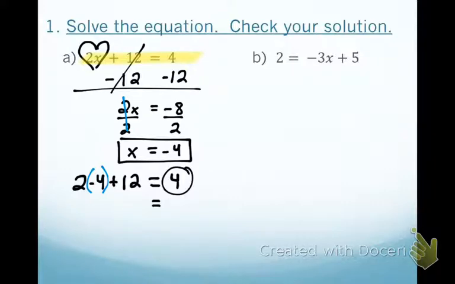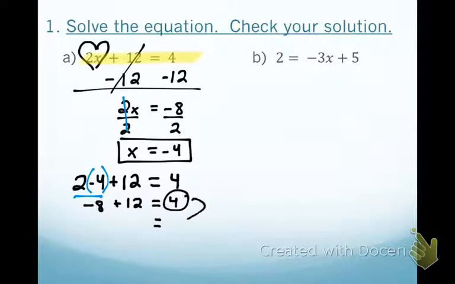As you can see, there's no work that I need to do here with that, so I'm just going to drop down the 4 directly right there. But there is some work that needs to be done over here on the left-hand side. So let's just work from left to right. The first thing, Madison, what is 2 times -4? -8, good job, and then drop down plus 12. All right, I'm still not finished yet, so I'm going to drop down my equal sign.